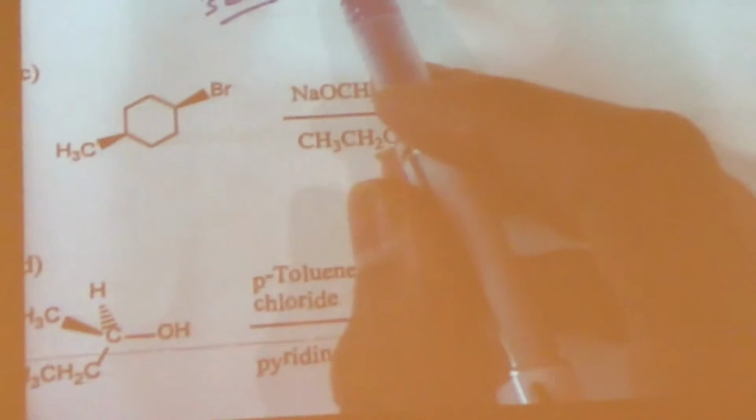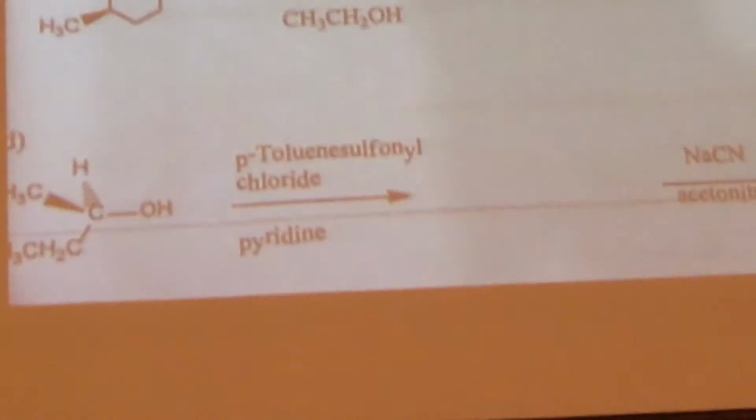The second question is, again, showing a secondary carbon here, where the leaving group is attached. Cyanide is a good nucleophile. Therefore, even though it's a secondary carbon, this is going to undergo an SN2 process. In SN2, we know it undergoes quantitative inversion of configuration.